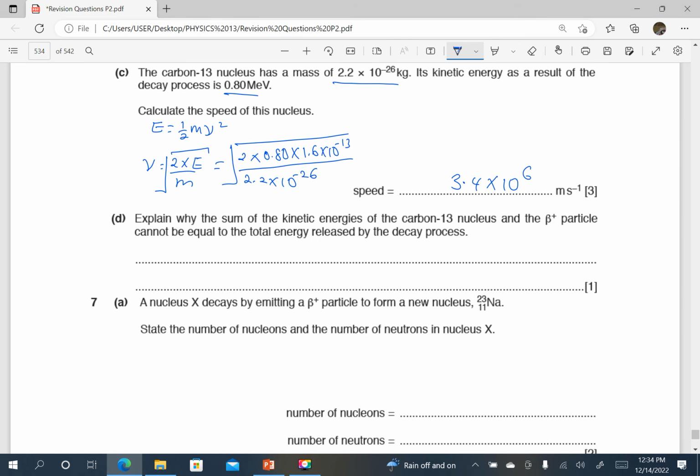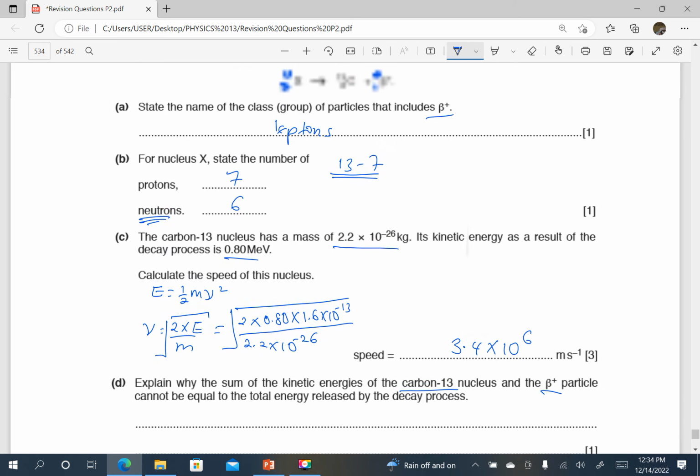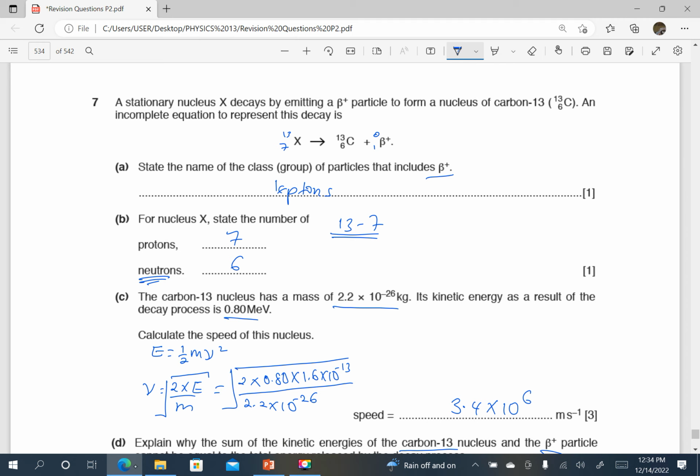Explain why the sum of the kinetic energies of the carbon-13 nucleus and the positive beta plus particle cannot be equal to the total energy released by the decay process. The sum of kinetic energy of carbon-13 and the beta may not be equal, so maybe gamma radiation is emitted.